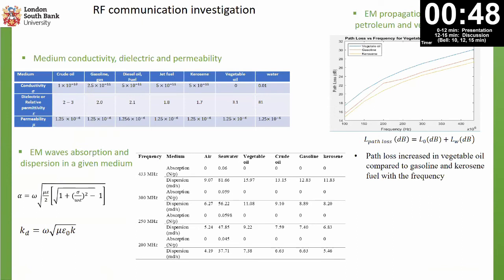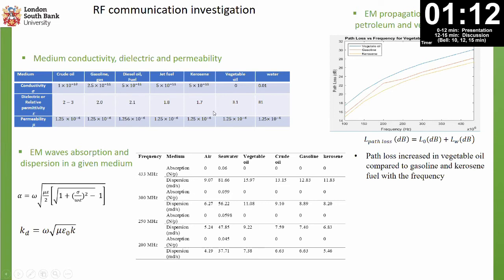Our work was looking at RF communication investigation. Different frequency studies were carried out by looking at different mediums such as crude oil, gasoline, diesel oil, jet fuel, kerosene, and vegetable oil.